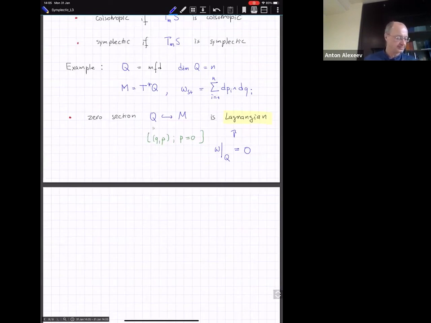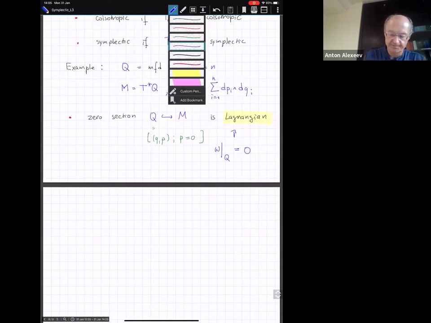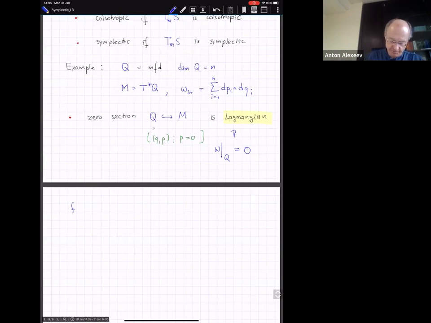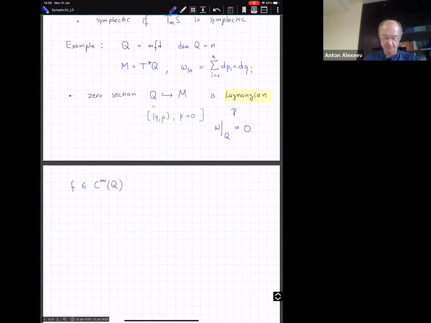Maybe a bit more interestingly, one can do the following. Let me choose f, a function on Q, and let me define a submanifold L_f, which again in a local chart will look as follows.